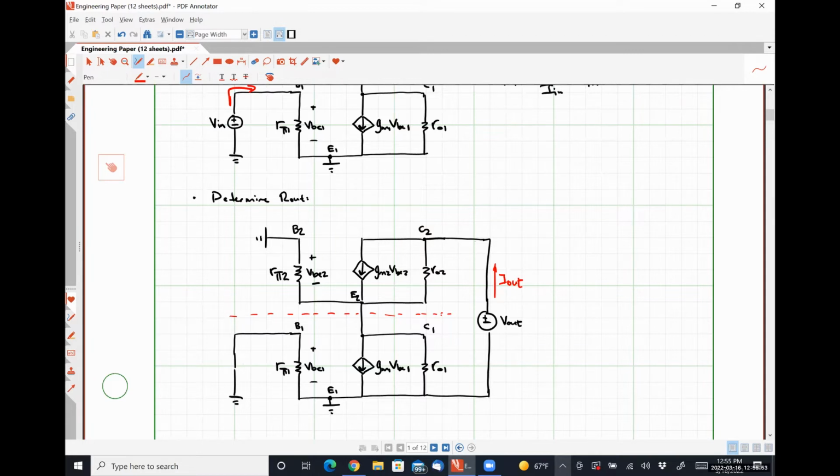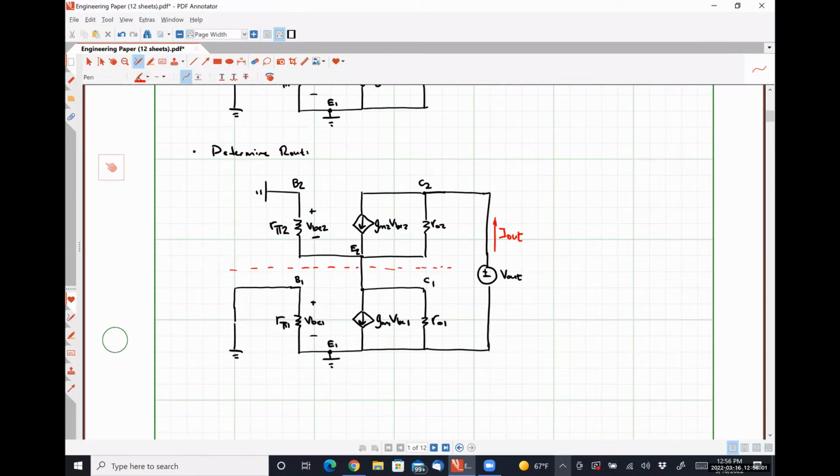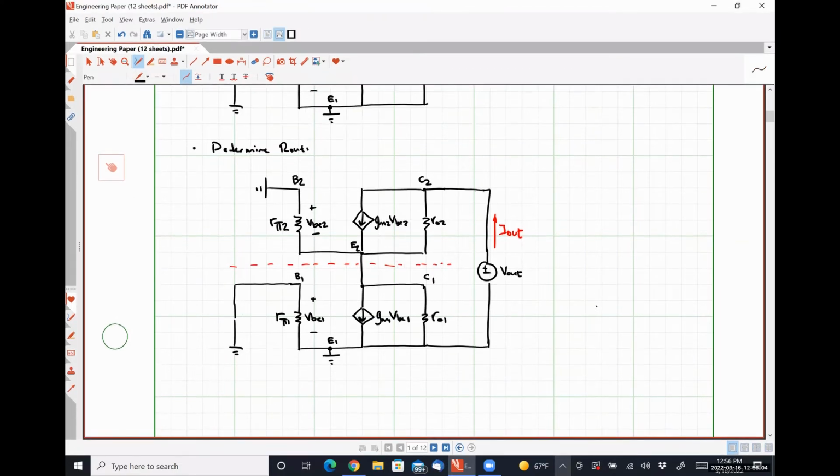So from that, we can see that VBE2, looks like I'm running out of room here, but we'll try to make it happen. So VBE2 is just the voltage drop over R pi 2 in parallel with R naught 1. So I'm just going to have R pi 2 in parallel with R naught 1 here.